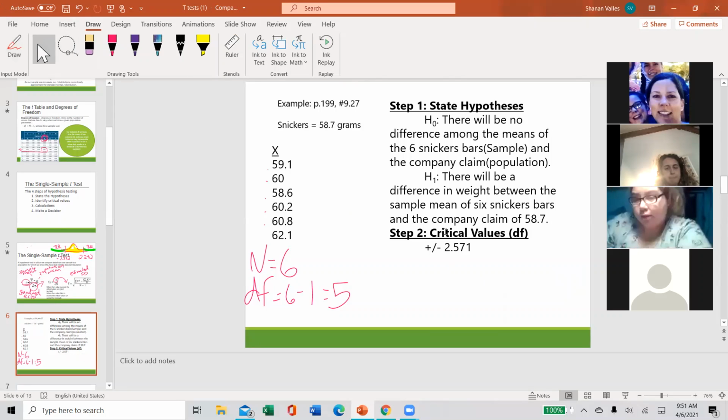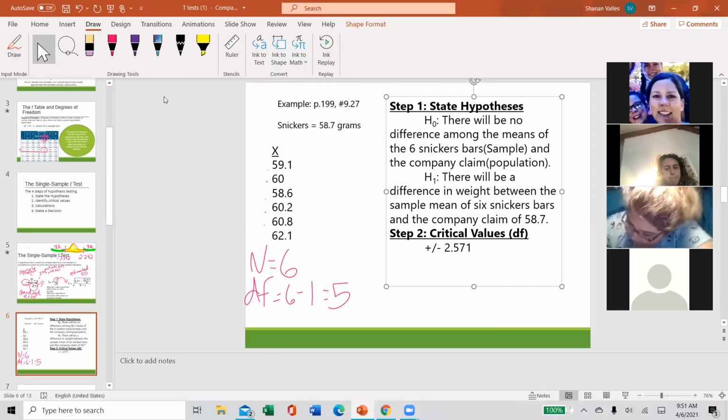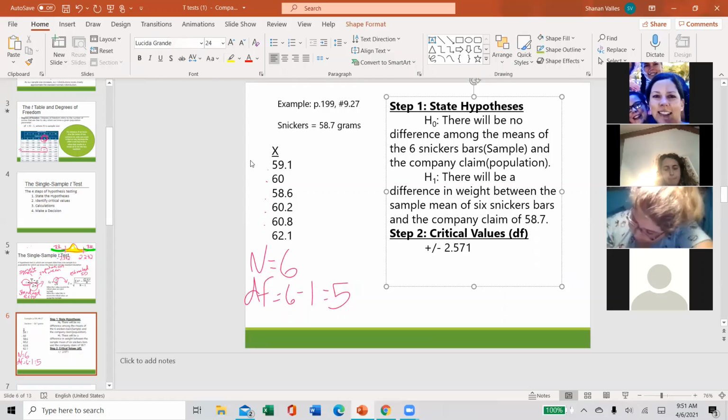All right, so now step 3. Step 3 is the big one. It's all these calculations. It's everything we have been working up to at this point, everything we've been doing. You're like, well, thank God, I'm glad we're finally getting to do something that we're supposed to. All right, calculations.